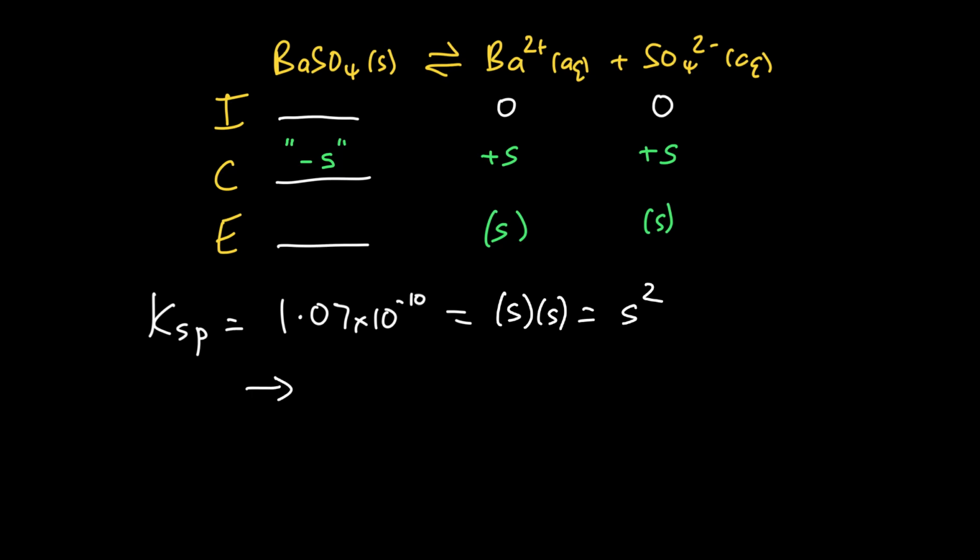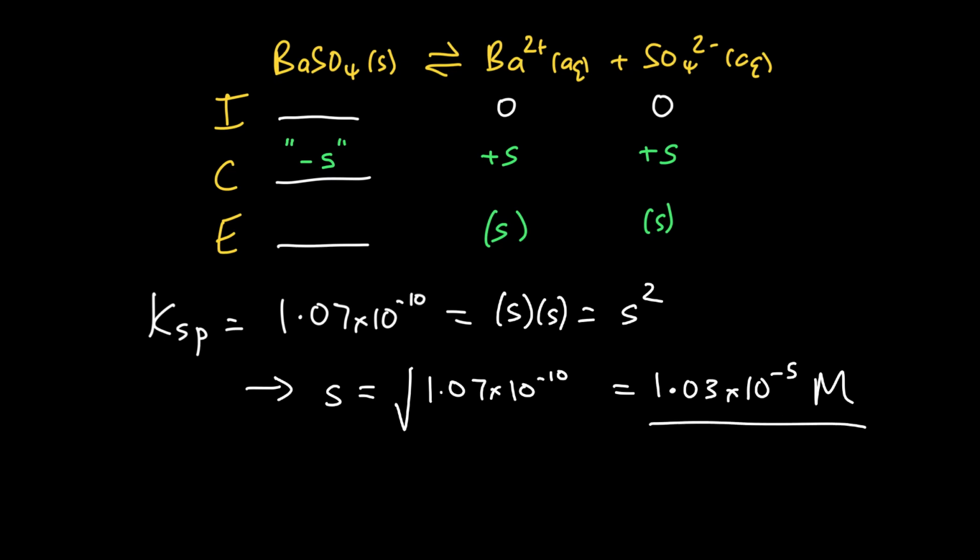If we want to know the molar solubility, we just need to square root both sides. So we're going to square root 1.07 times 10 to the minus 10, and we can see that's going to be on the order of 10 to the minus 5. To three significant figures, it's 1.03 times 10 to the minus 5. And it's a solubility, so it would be the number of moles dissolving in a liter: 1.03 times 10 to the minus 5 moles per liter.